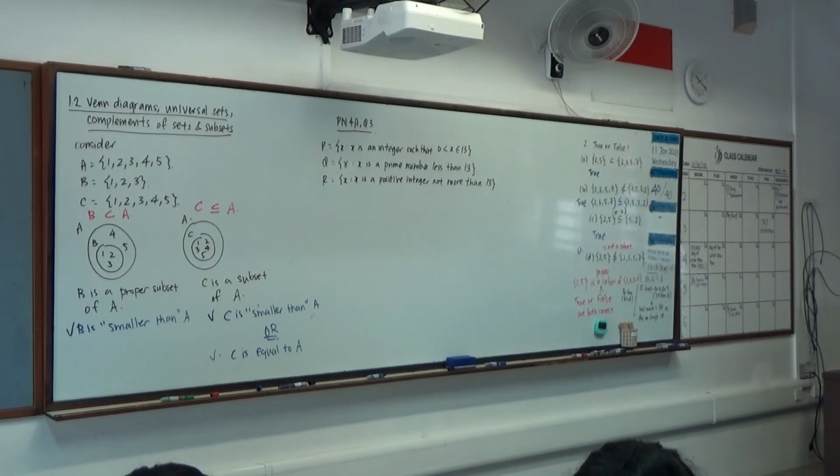Because if they are equal, they cannot be a proper subset. Let me give you a more realistic example.